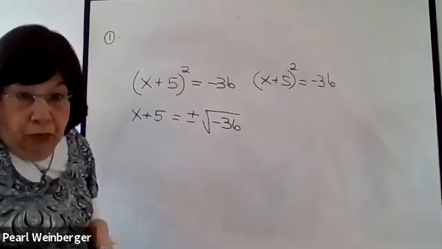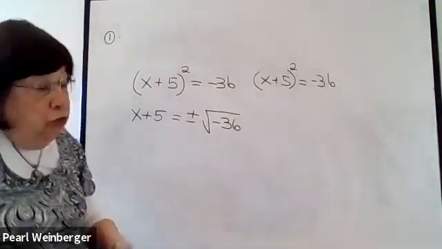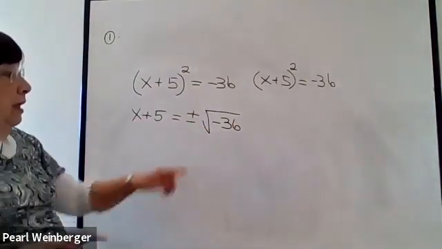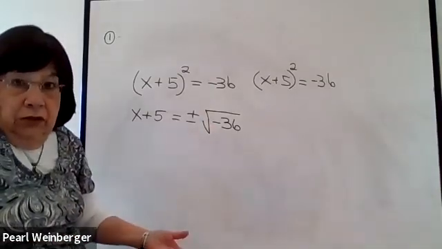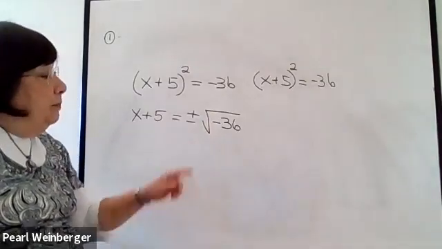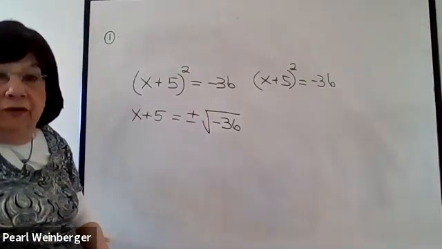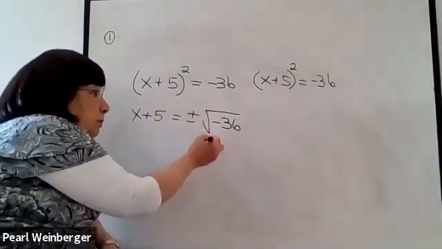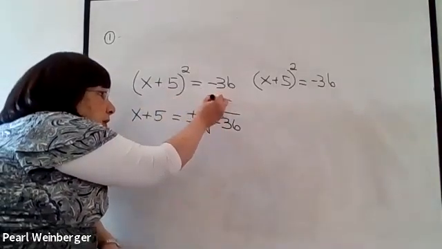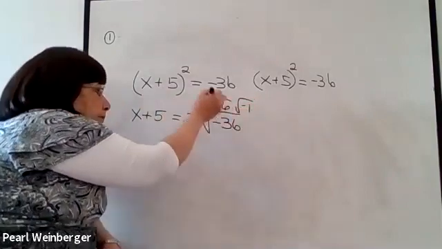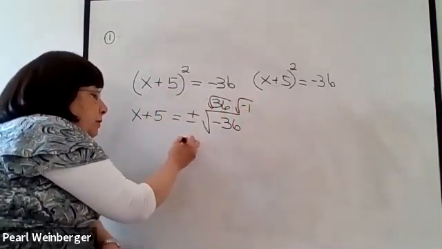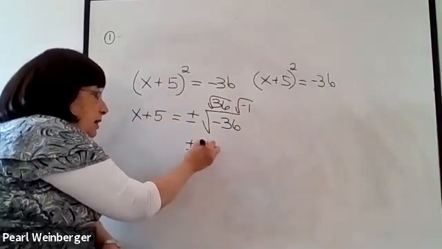Now I'm at the point where I want to simplify. Until now, I would have said, oh, the square root of negative 36, you can't do that. Except we learned that the square root of negative 36 could be broken up into 36 and negative 1. And the square root of 36 is 6.